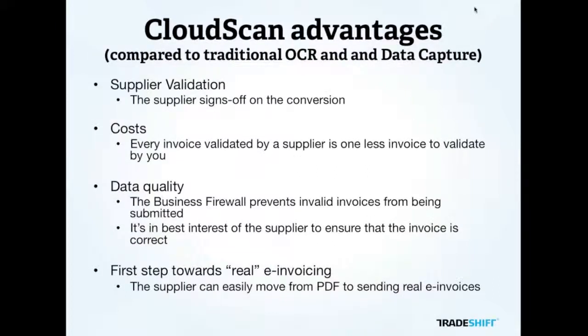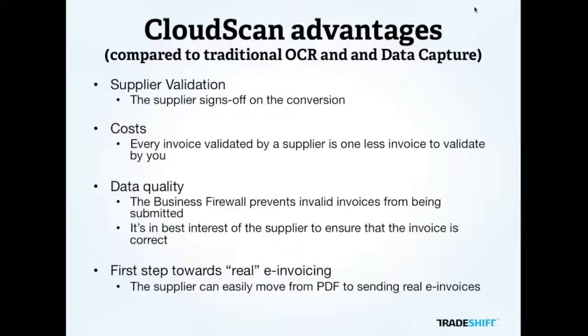So if we look at it, what are the key advantages of CloudScan if you compare it to traditional OCR and data capture? First of all, it's the supplier validation step. The supplier signs off on the conversion into an electronic format. And it's not only a burden to the supplier, it's actually a huge advantage to the supplier that he has some comfort that the invoice will be accepted within your organization.